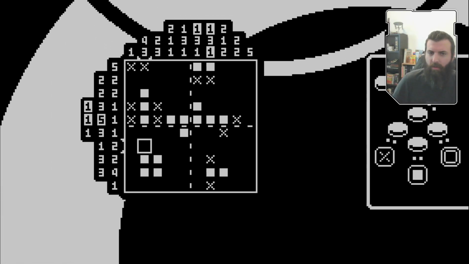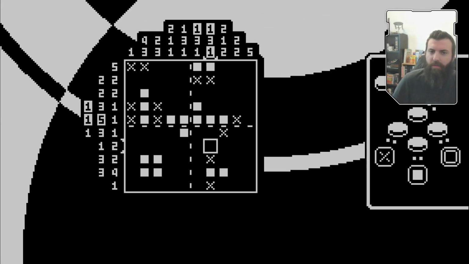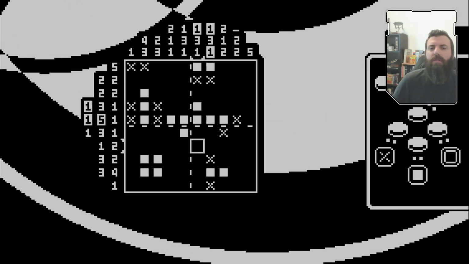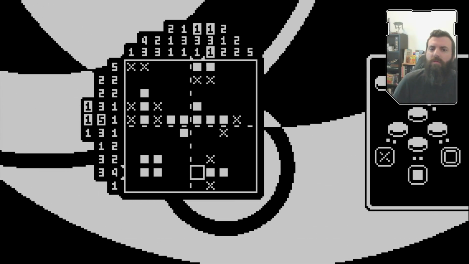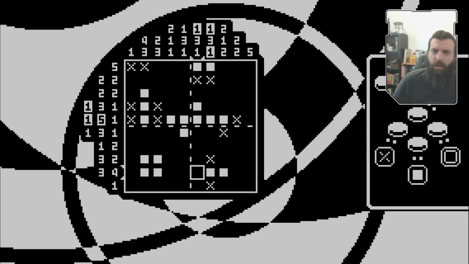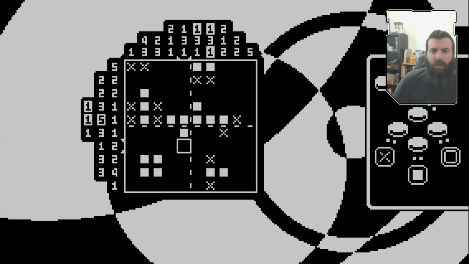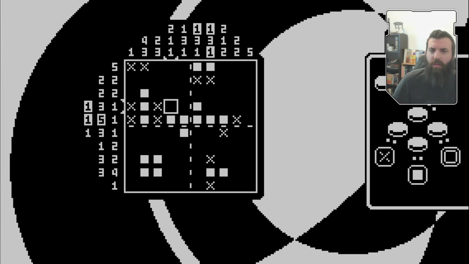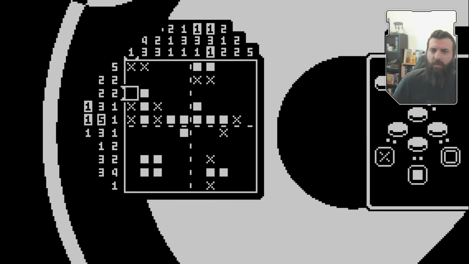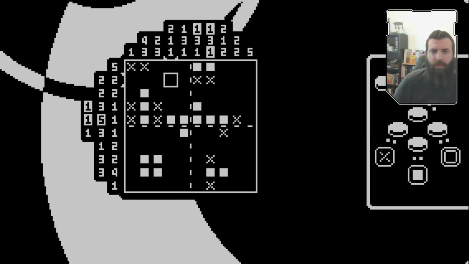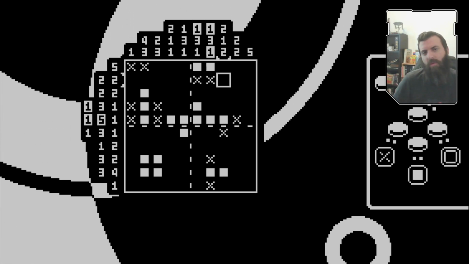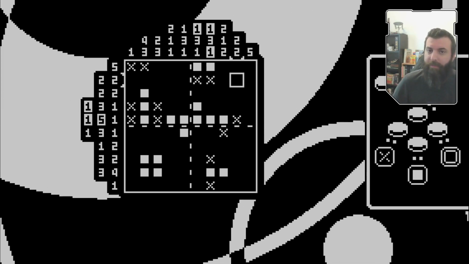Everything down there for the 1 on this vertical column could be anywhere, on either side. Put both 2s on this side of these X's, or one of them could be over here.